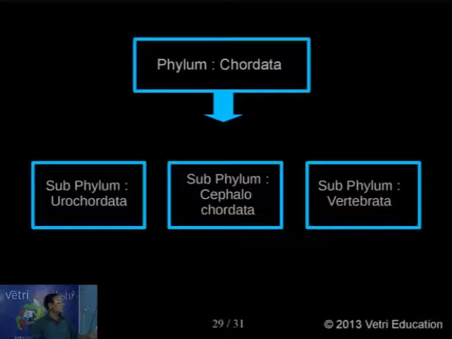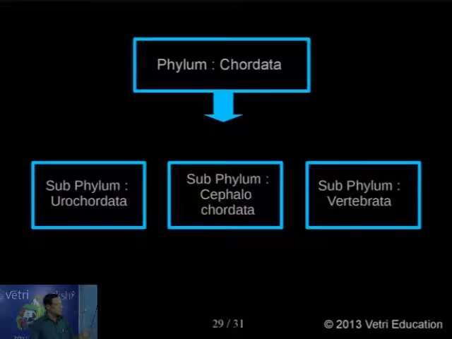Now, Urochordata is named so because the animals have a notochord only in the tail region, and that too not in the adult stage. In the case of Urochordata, for example, Ascidia, Herdmania, Doliolum, in all these cases, the animals have a notochord only during the embryonic stage or the larval stage.